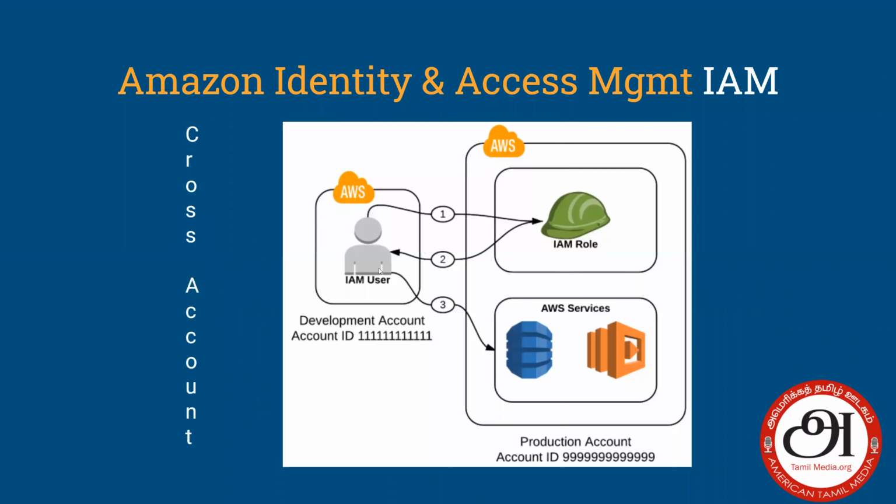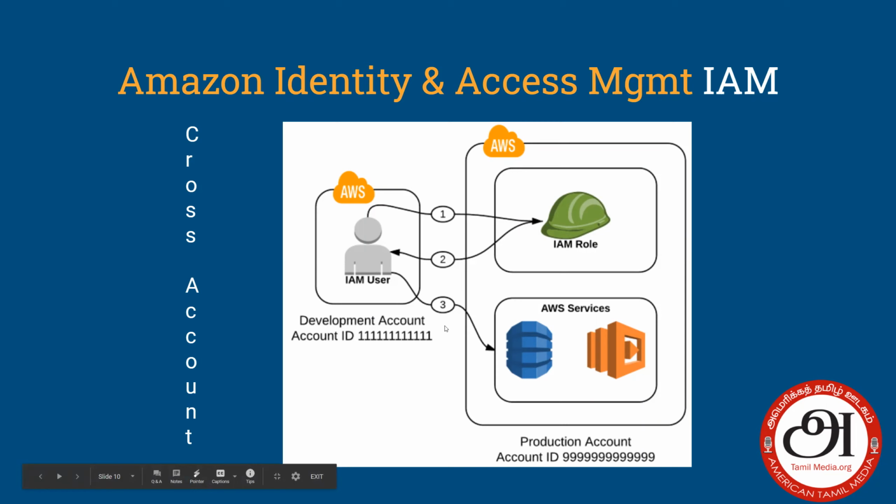So for an IAM user, these are two different accounts, if you notice. The left side is the development account, the right side is the production account. You can have a user in a development account go and access resources in a production account. They can also very well access resources in the development account.